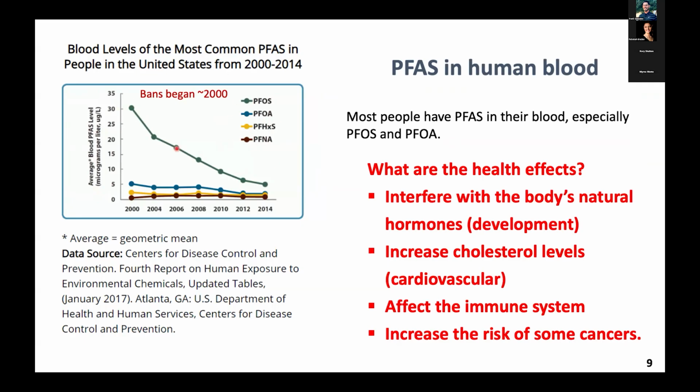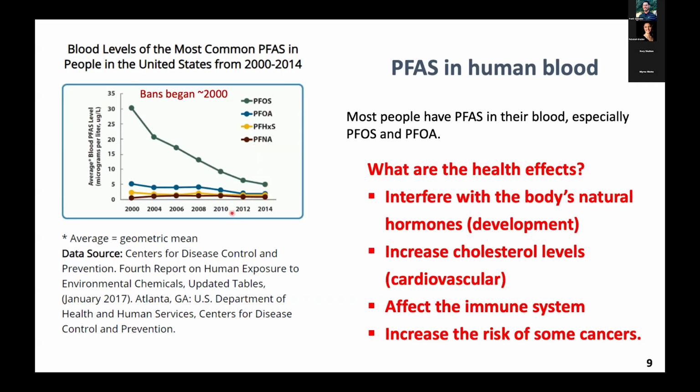They're going down, down, down, down. So PFOS is a very dramatic decrease. So as we ban these materials from use in our society, we do see less of them in humans, for example, in the blood. Of course, these particular molecules are being substituted out and replaced by other PFAS molecules that aren't these four, but something else.